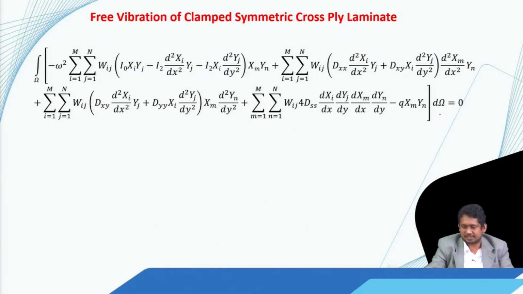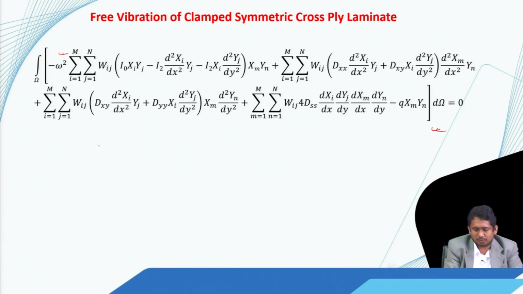So, again this is the same equation written here. If we solve this equation, we can find out this omega square, and from the omega square we can find out the eigenvectors, the mode shapes also. So, this equation would look like this.